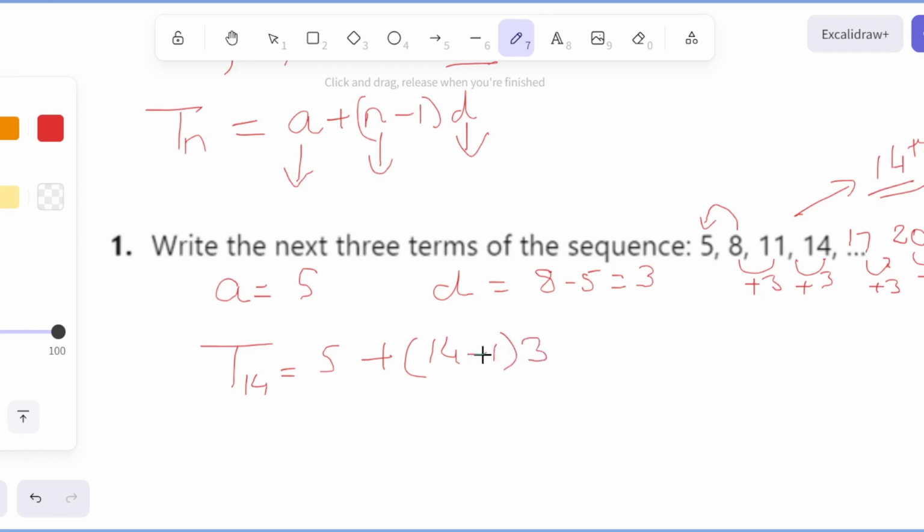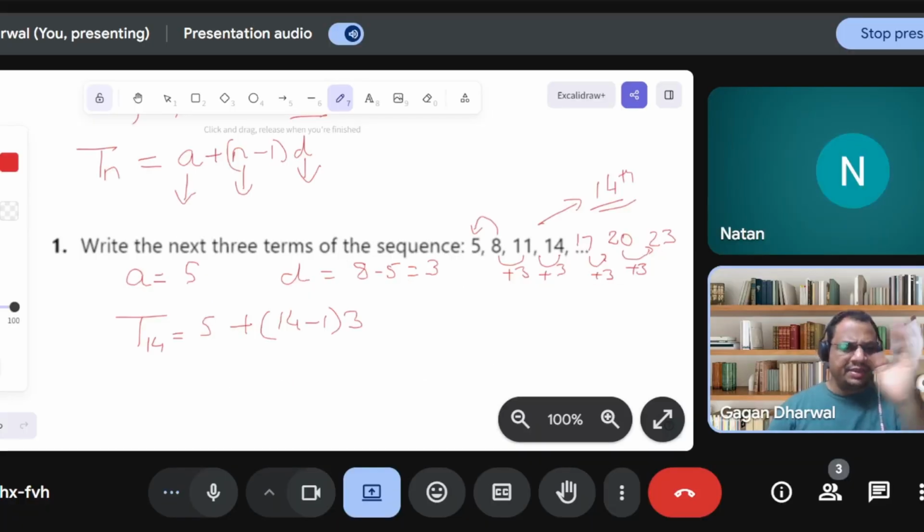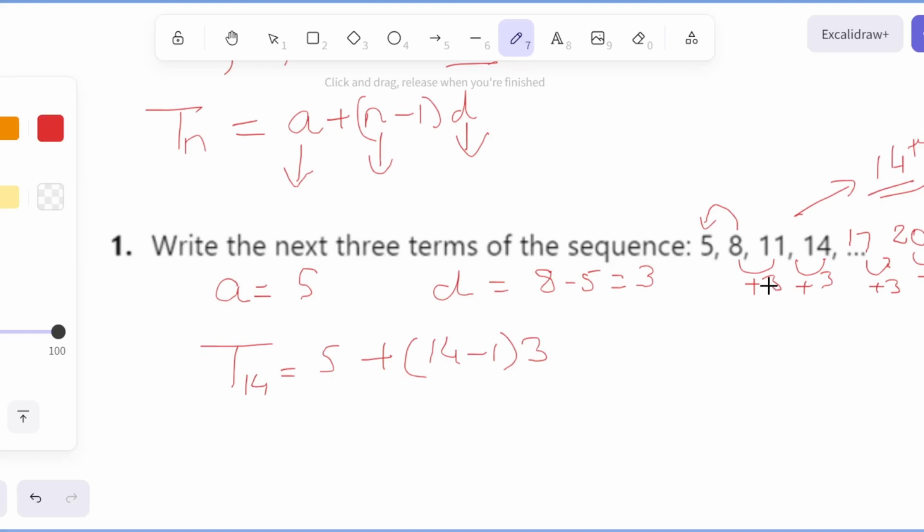Always remember, for common difference, we subtract the previous term from the next term. That's the standard. Here we did 8 minus 5, we didn't do 5 minus 8. That's not right. So that is 3. Now let's solve it. 14 minus 1 is 13. 13 times 3 is 39. And 39 plus 5 is 44. So 44 is the 14th term of this sequence.